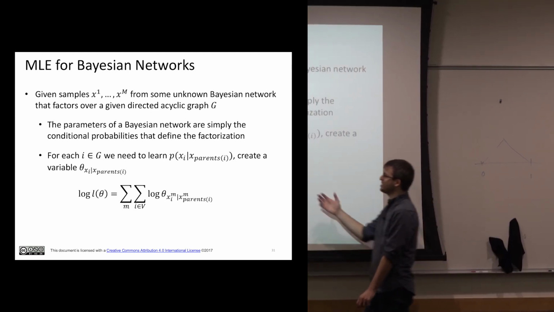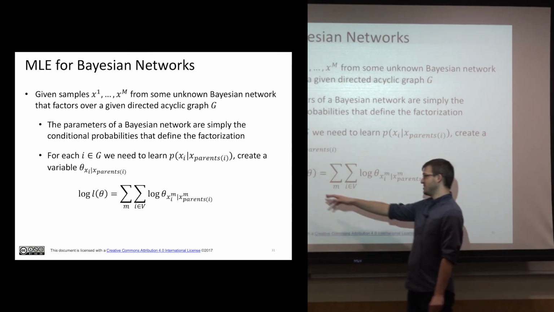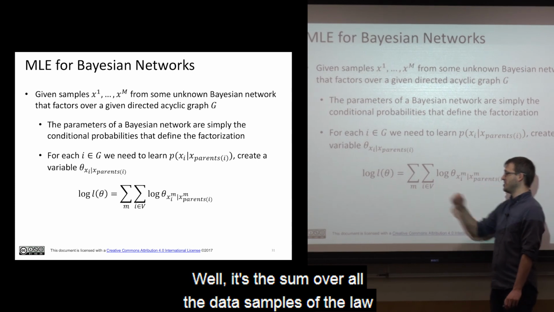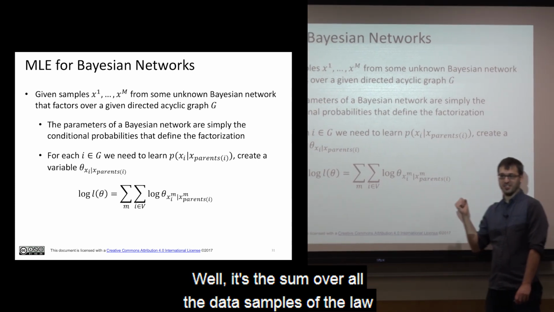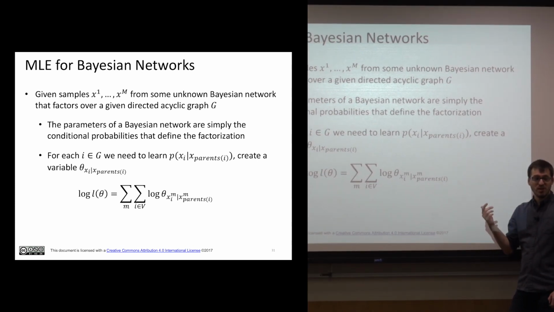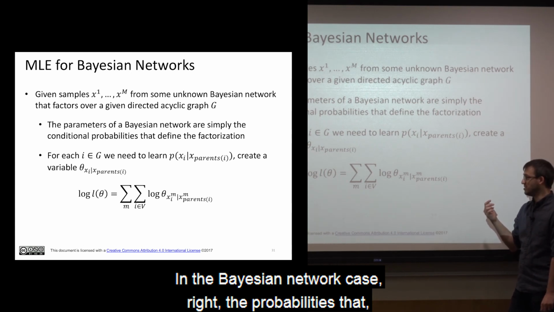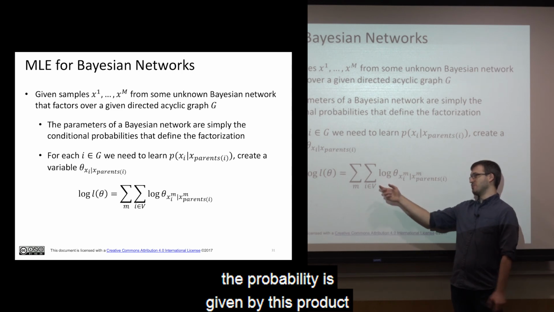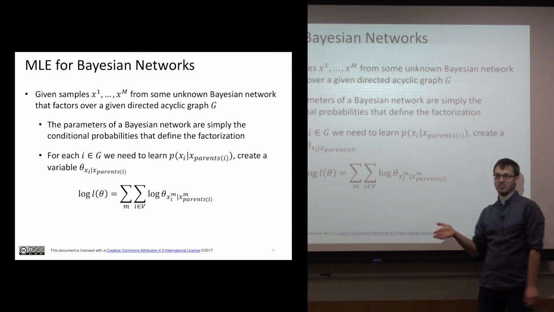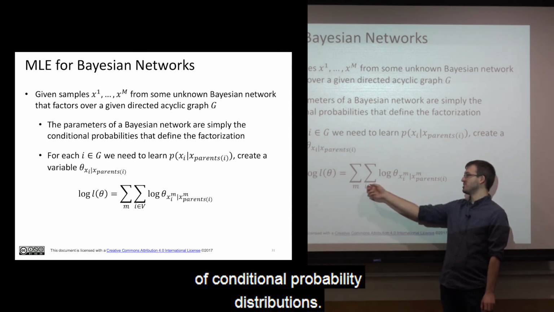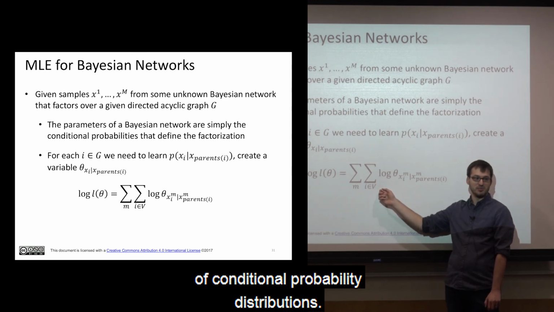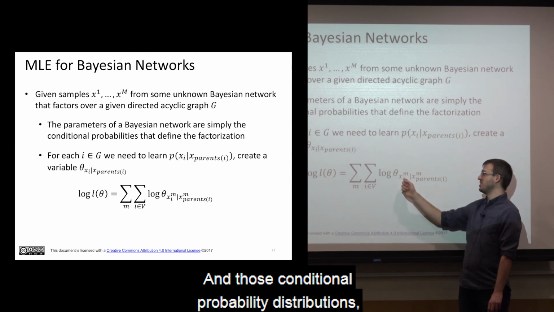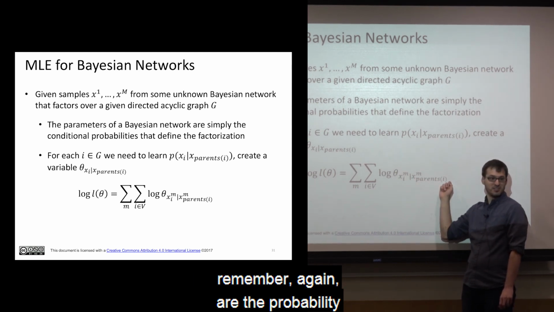So again, we can maximize the log likelihood. In this setting, what does the log likelihood look like? Well, it's a sum over all the data samples of the log probability of that data sample. In the Bayesian network case, the probability is given by a product of conditional probability distributions. So the log probability is a sum over all the conditional probability distributions in the model. And those conditional probability distributions, remember, are the probability of the ith variable conditioned on its parents.